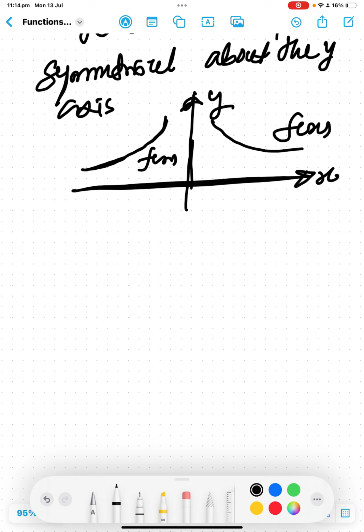Now we move on to the modulus function. So I'll use a different color.